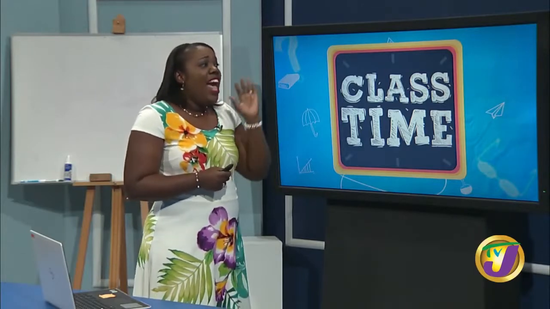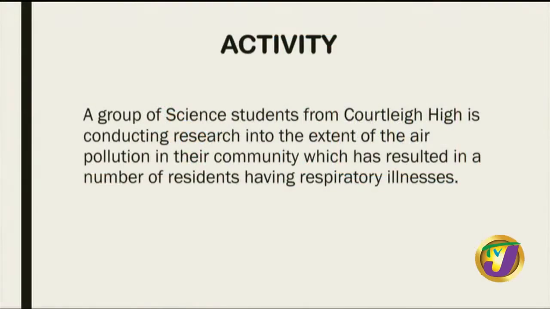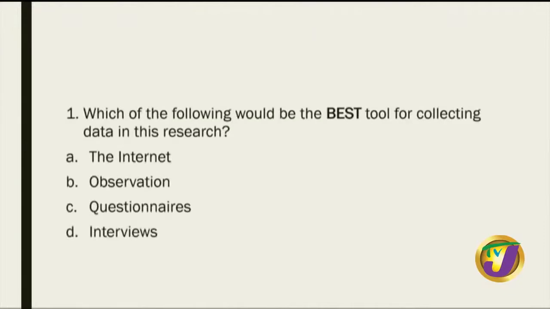So, a group of science students from Courtleigh High is conducting research into the extent of the air pollution in their community, which has resulted in a number of residents having respiratory illnesses. All right, you understand the context? So, which of the following would be the best tool?